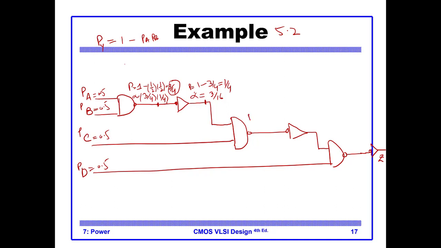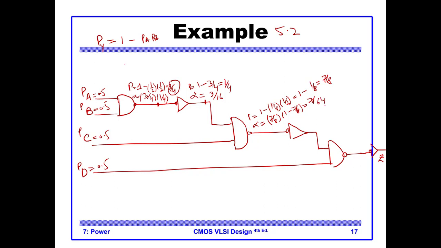And the probability here is again 1 minus 1 by 4 from this one, from the NOT gate, and 1 by 2 from the C input. So we will get 1 minus 1 by 8, which is equal to 7 by 8, and alpha is equal to 7 by 8 into 1 minus 7 by 8, equal to 7 by 64.